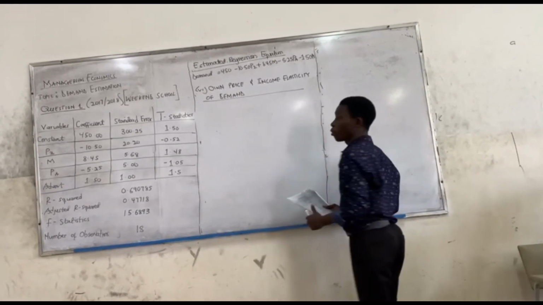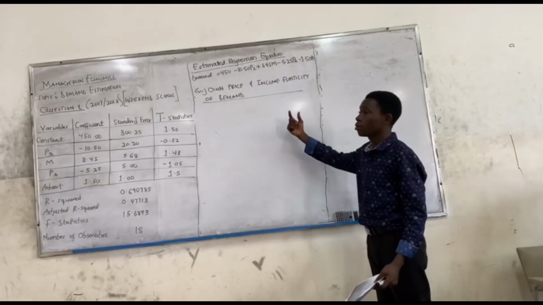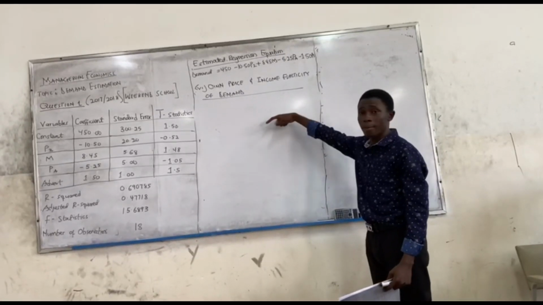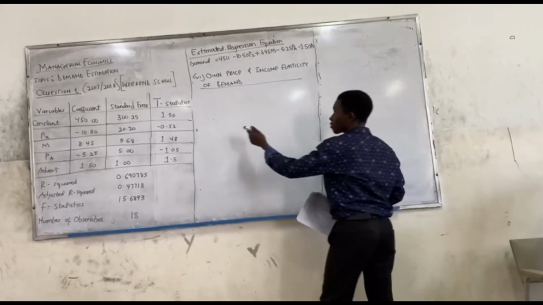So we are asked to calculate the own price elasticity of demand and income elasticity of demand. So we will start with the own price first.